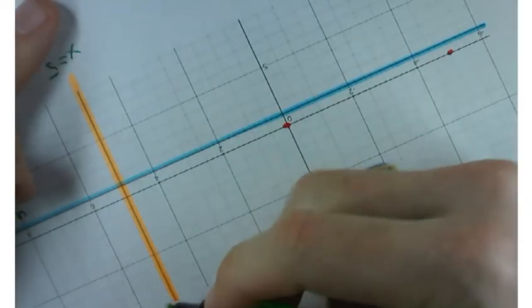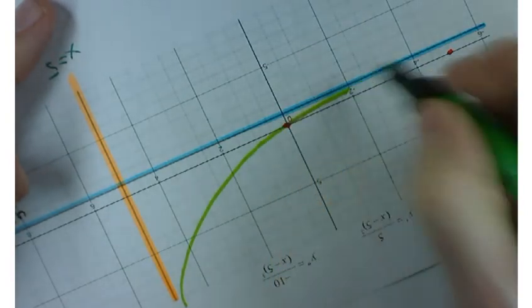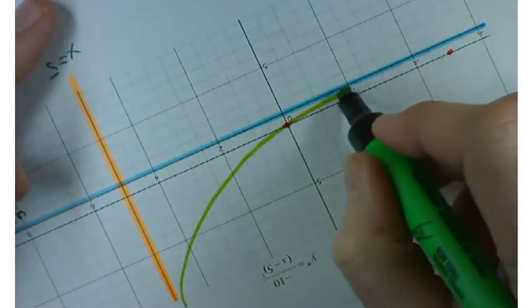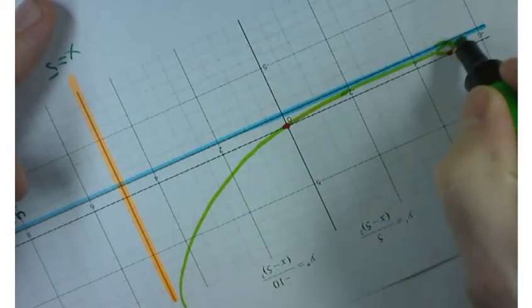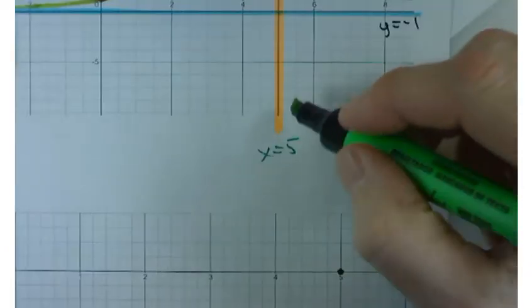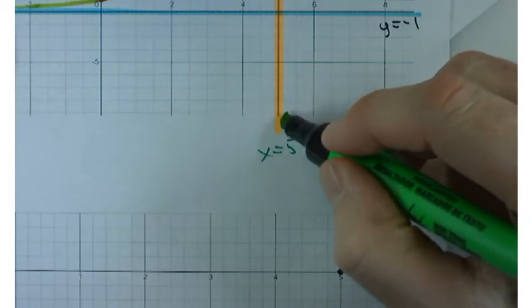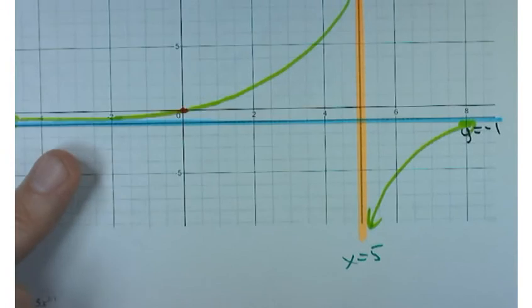Let's graph it this way. It's like that, and then over here on the other side, approaches the y-asymptote like that.